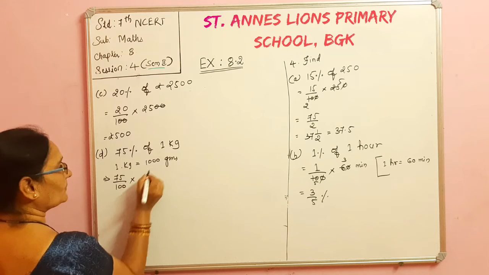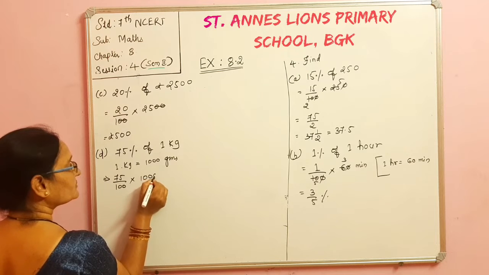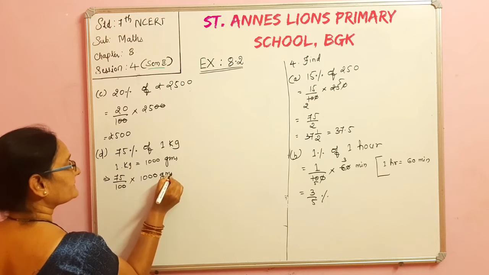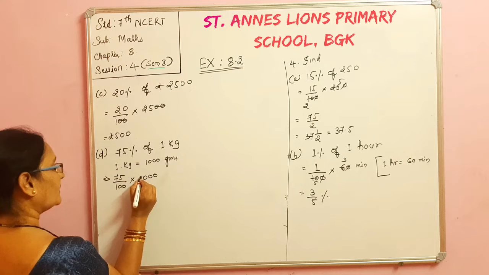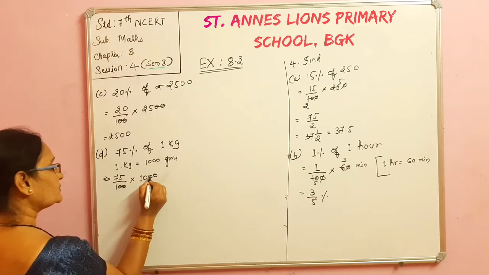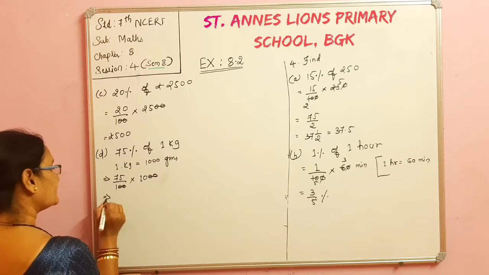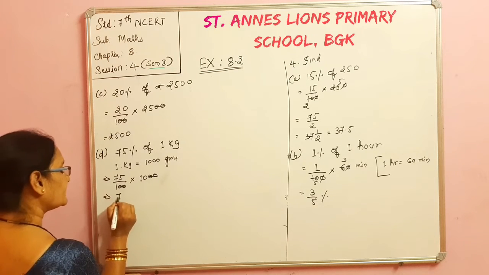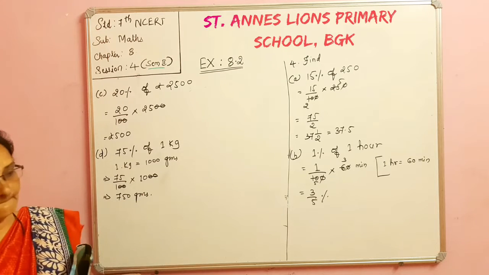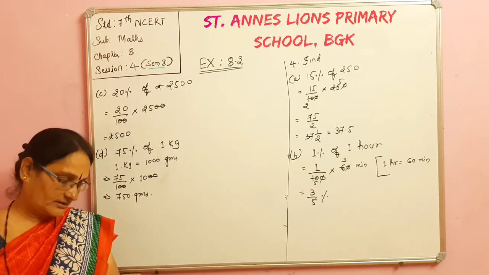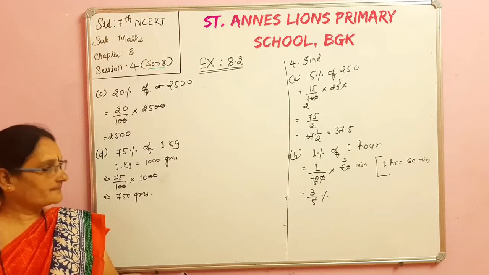Of means into 1 kg means 1000 grams. 1000 is enough. No need to write the grams. Now 2 zeros got cancelled. 75 tens are 750 grams. This is what the fourth main.